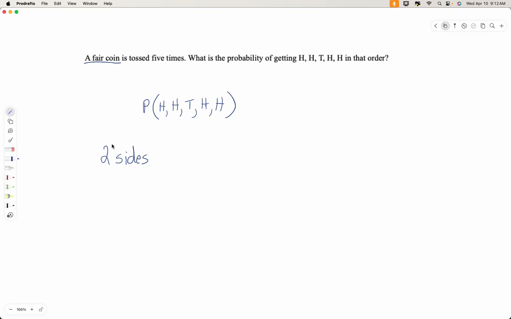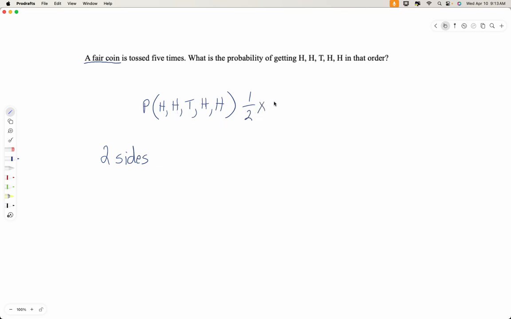So if we want it to land on one side, it's going to land on one side because it doesn't typically land on the edge. But it's going to land on either heads or tails. Those are our 2 possible outcomes, our two sides that it would land on. So if we want to land on heads, that's 1 out of 2 possible outcomes.